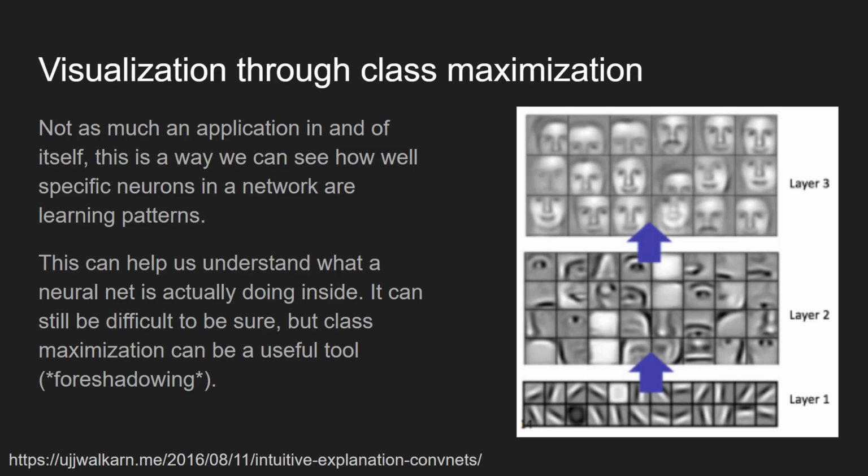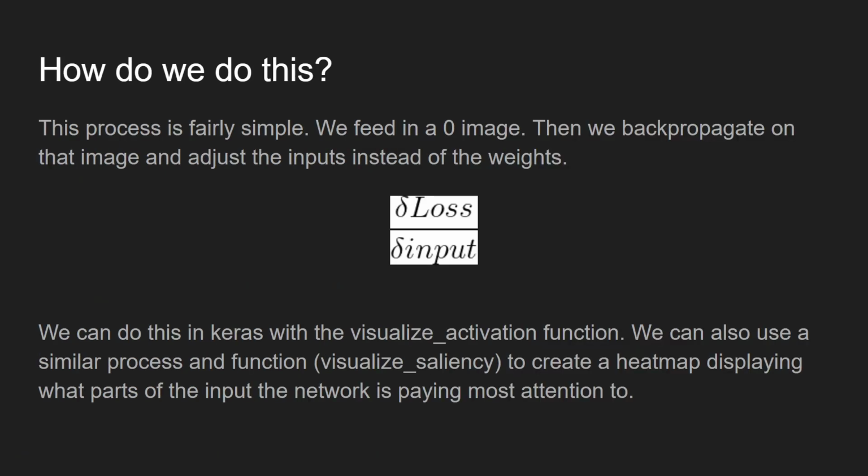So what this process is, what we can do is, instead of doing our gradient descent, instead of learning on our weights, instead of taking the gradient of loss with respect to weights, we're doing gradient of loss with respect to the input.